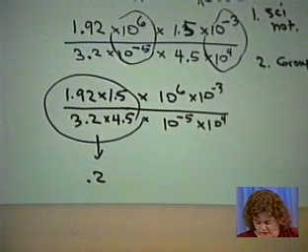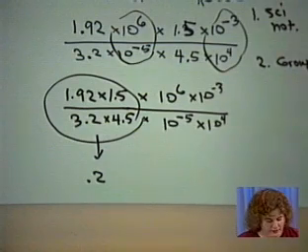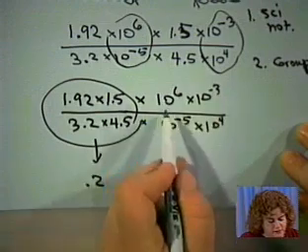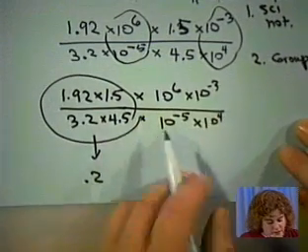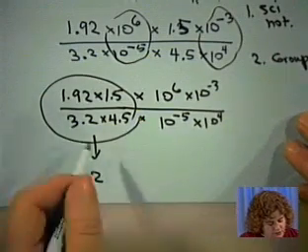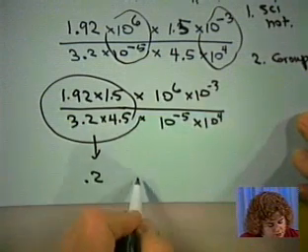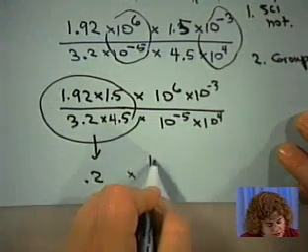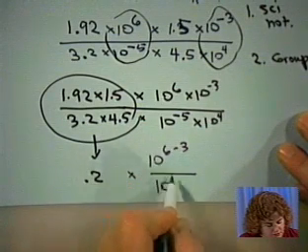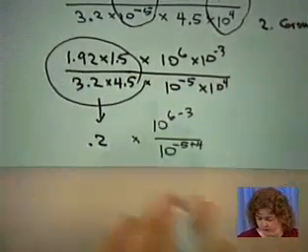This other piece will combine the product rule and the quotient rule, and we'll have on the top, and let me just write it out with the top and the bottom, 10 to the 6 minus 3, and on the bottom we'll have 10 to the negative 5 plus 4 power.